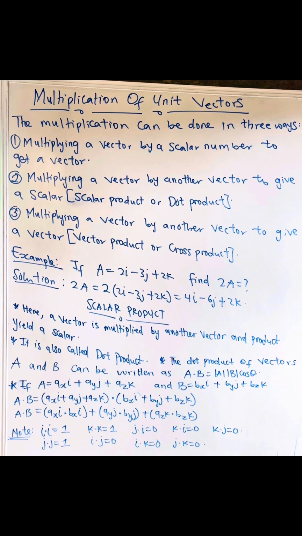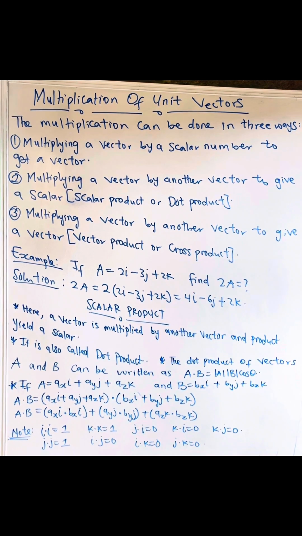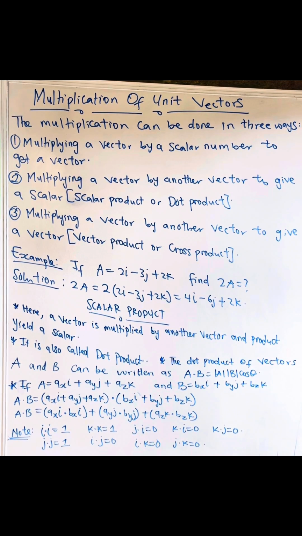So for an illustration, if vector A equals AXi plus AYj plus AZk and vector B equals BXi plus BYj plus BZk, we should look for A dot B. So we will just write vector A, put a dot between them, and also write vector B. Now whenever we are doing A dot B, we are going to be multiplying similar unit vectors together.